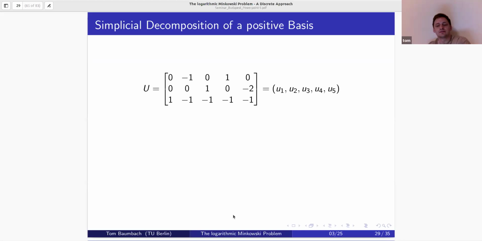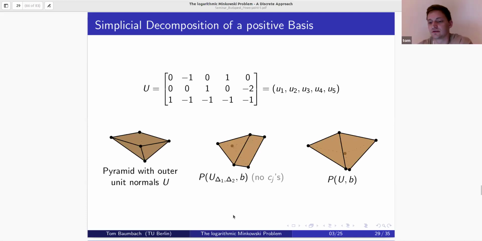Maybe let's look at an example of a simplicial decomposition of a positive basis. We have the set U written down as above, but I also try to give some graphics so it's easier to understand what's happening. On the left, we see a geometric interpretation of the set U because we just picture it as a pyramid with outer unit normals in U, where the facet at the top is defined by the vector u_1.